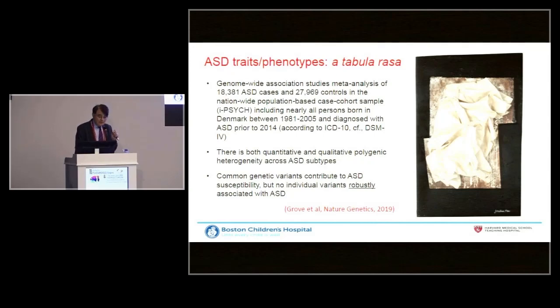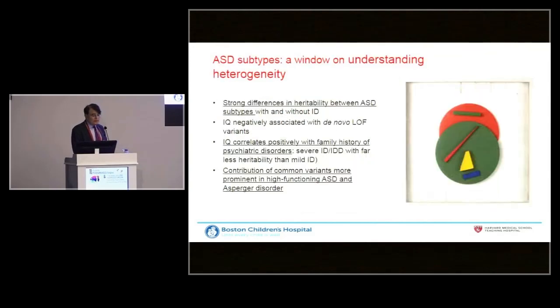Common genetic variants contribute to ASD susceptibility, but no individual ASD subtype was robustly associated. However, there were indications of strong differences in the heritability of ASD subtypes with and without intellectual disability.